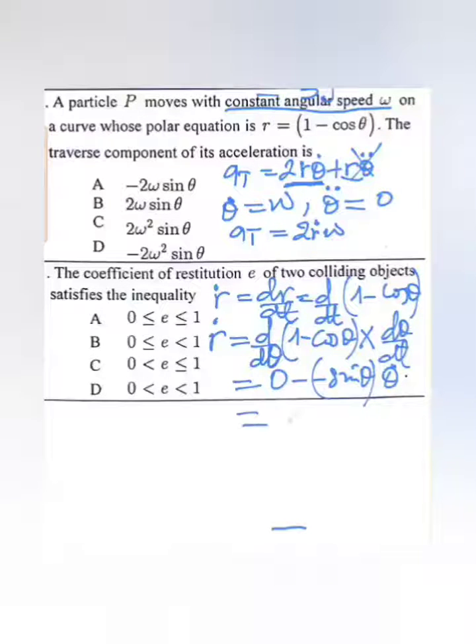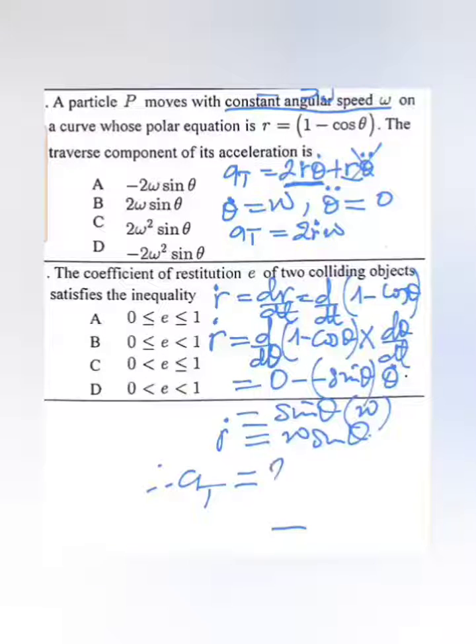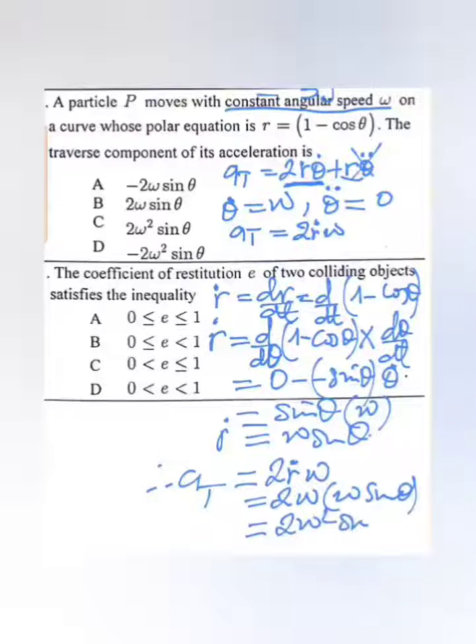From here we have sine theta into omega, since theta dot is omega. So overall r dot is omega sine theta. Therefore the transverse component of the acceleration, which was 2 r dot omega, would be 2 omega into omega sine theta, and that gives 2 omega squared sine theta, which corresponds to option C.